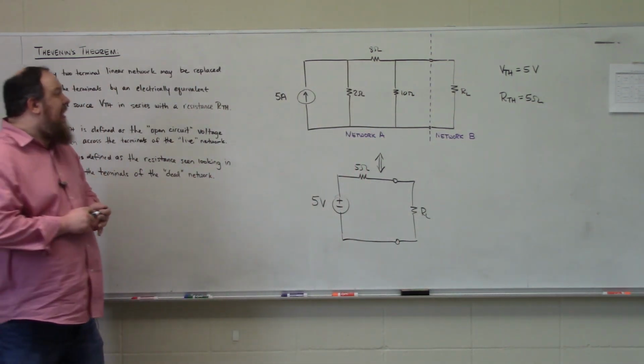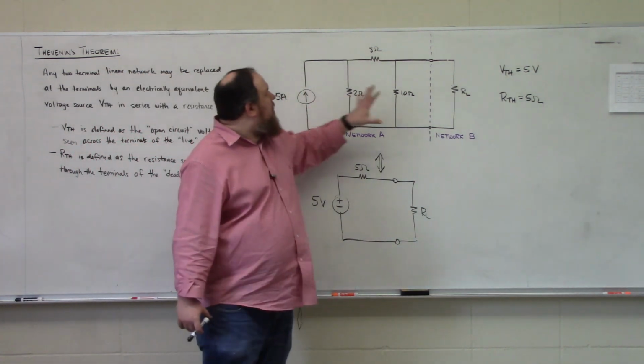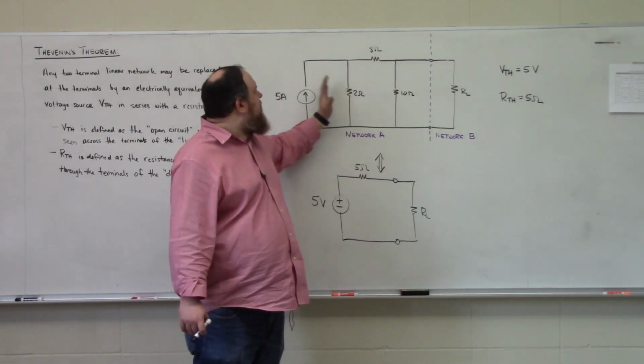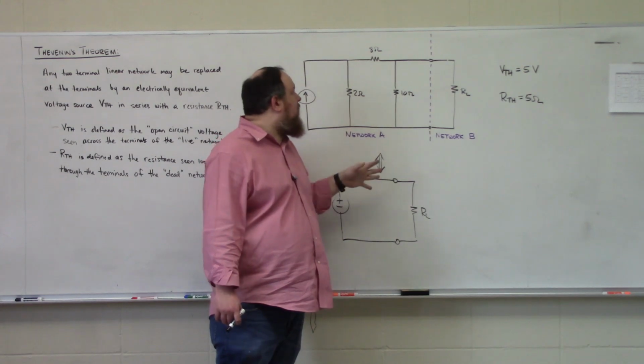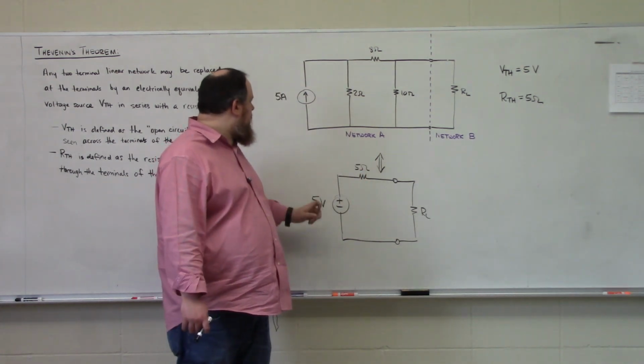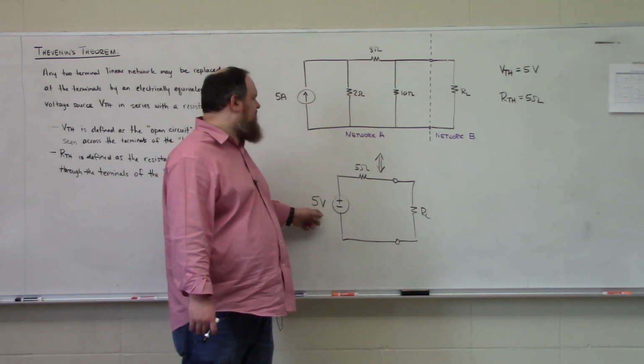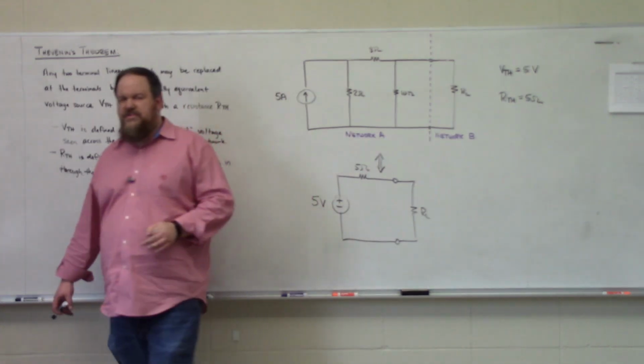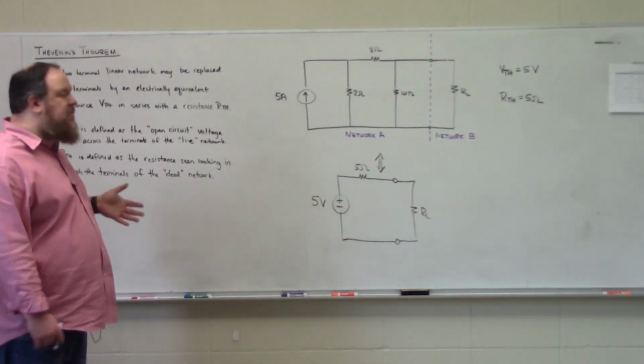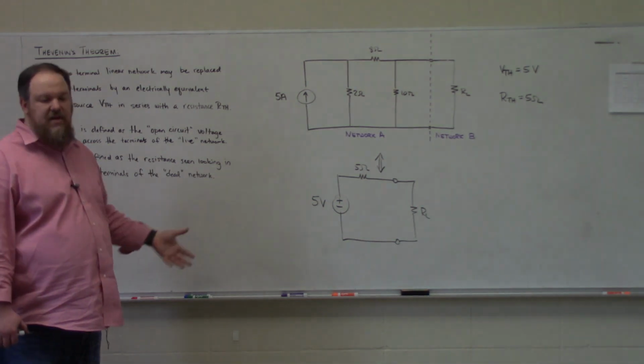So we have replaced this current source that's connected in parallel to this resistor network with a practical voltage source containing a 5-volt source and a 5 ohm resistor. That is how you determine a Thevenin equivalent circuit.